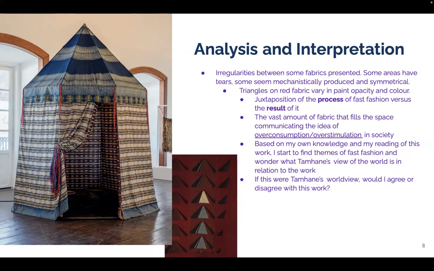I start to connect this to my understanding of the desperation of mass-consumed fast fashion. Some of the fabric that looks perfectly printed and symmetrical is juxtaposed with ripped up and resewn fabric with inconsistent inking. This made me connect the work's meaning to possibly allude to the duality of fast fashion.